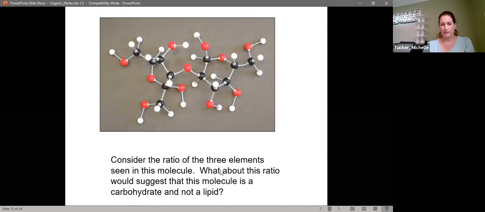So it says this ratio would suggest this molecule is what? Carbohydrate and not a lipid. Because what is the ratio in carbohydrates?